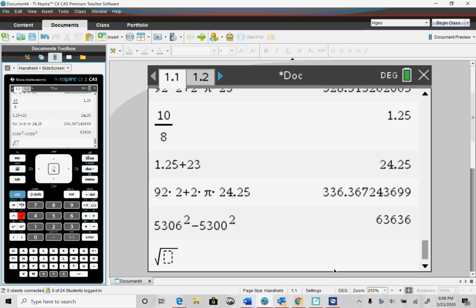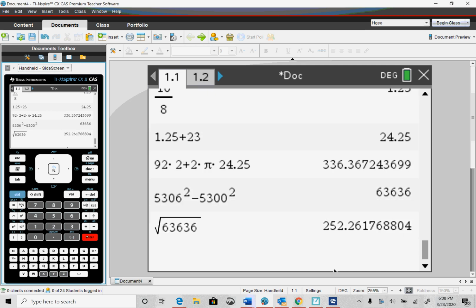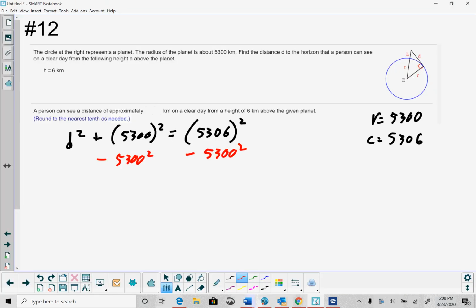So now we need to take the square root of our previous value, and this gives us our actual answer of about 252, to the nearest tenth, 252.3 kilometers.